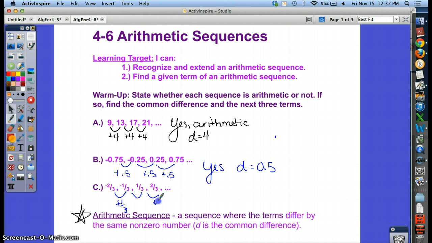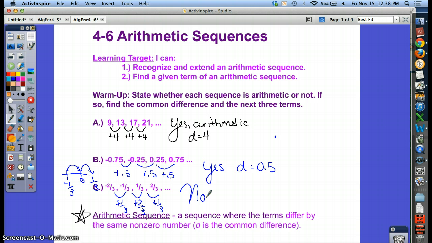Here we added 1/3, but in the middle, you actually added 2/3. Because negative 1/3 plus 1/3 would get you up to 0. So you're over here at negative 1/3. You add 1/3, that would get you to 0. And then add 1/3 again, and that would get you to the positive 1/3. So you actually added 2/3. This is not an arithmetic sequence.